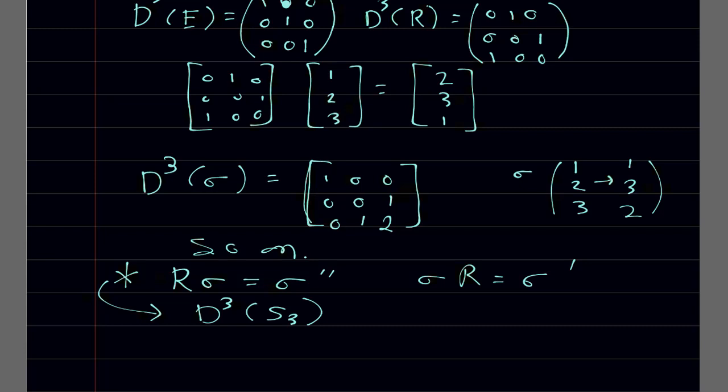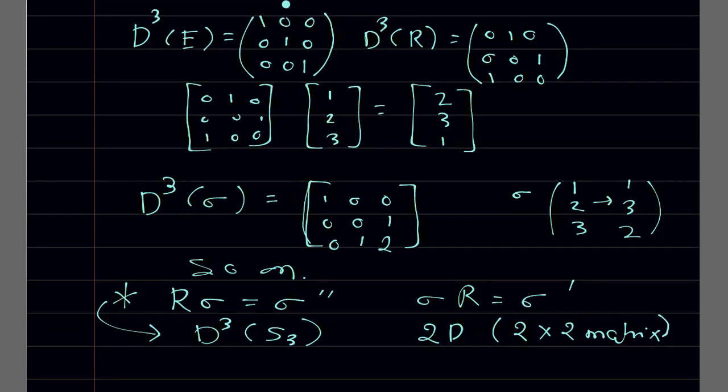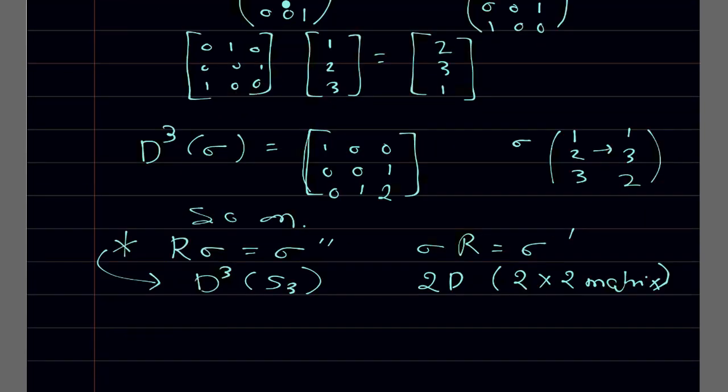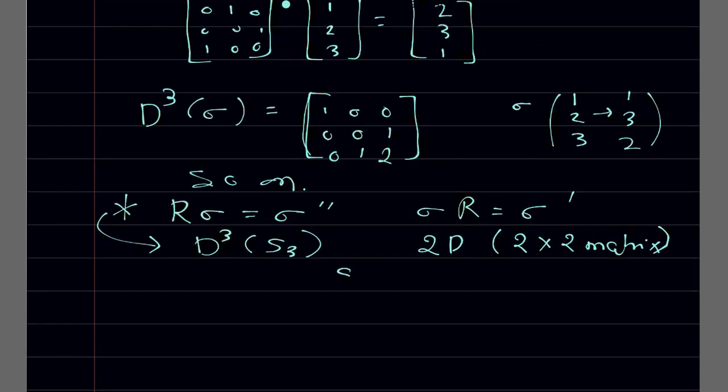Okay, now there is a very interesting thing. We also remember that there was a 2-dimensional representation. That means there was a representation that had 2 cross 2 matrices. If you remember, it had elements like √3, and so on, right? So there is a close relation between S3 and C3.